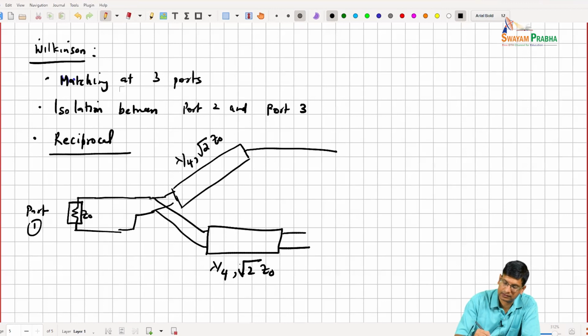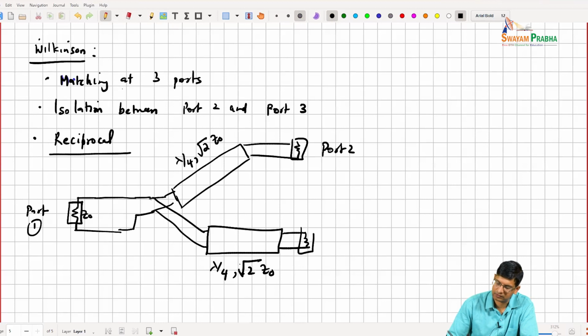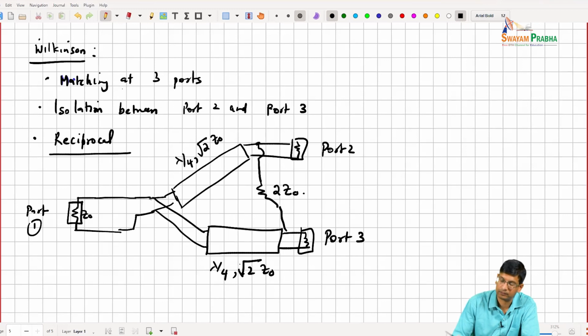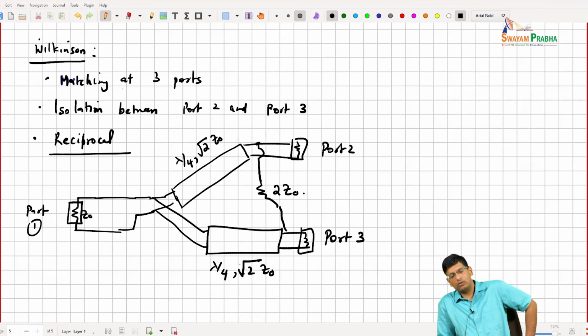And this is my port 2, this is my port 3, right? And the key thing is that in between these two ports, I add a resistor that is 2Z naught. Okay. So this is a very popular circuit.